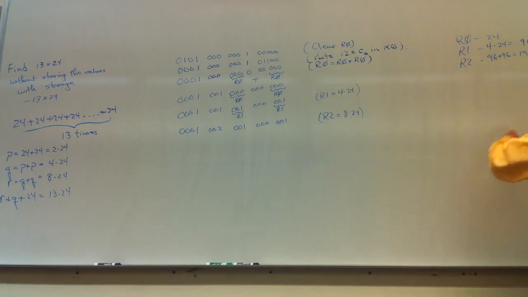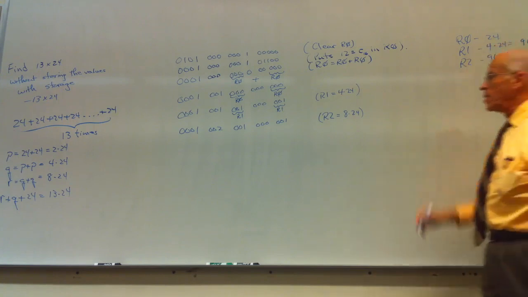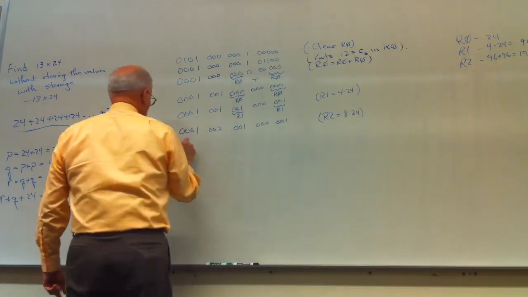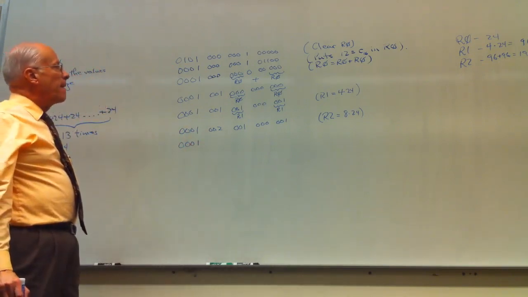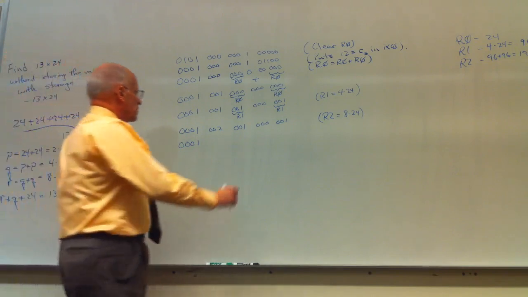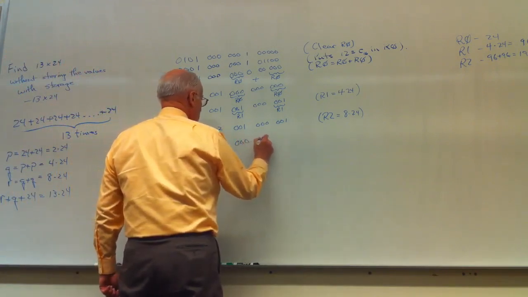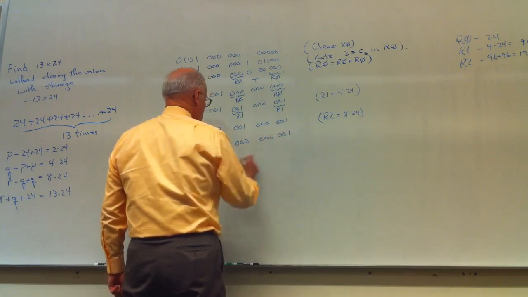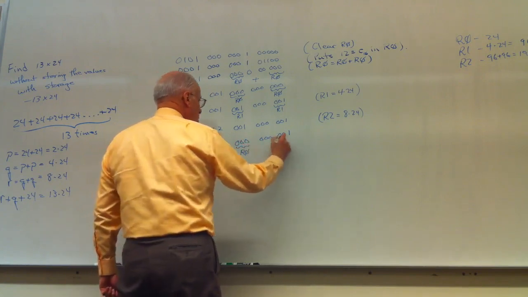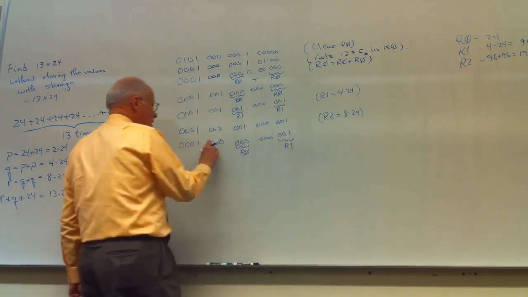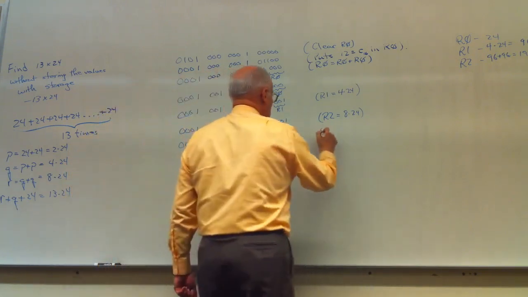Okay. We now have 8 times 24, 4 times 24, and 1 times 24. So now all I need to do is accumulate those things back into here. So I'll now add register 0 plus register 1 and put the result into register 0.